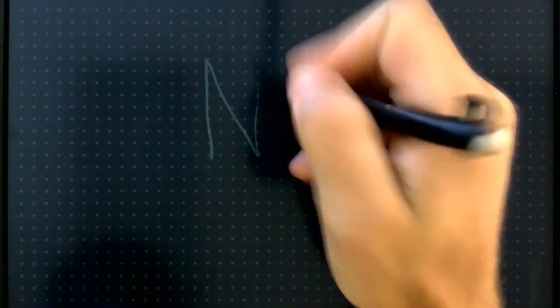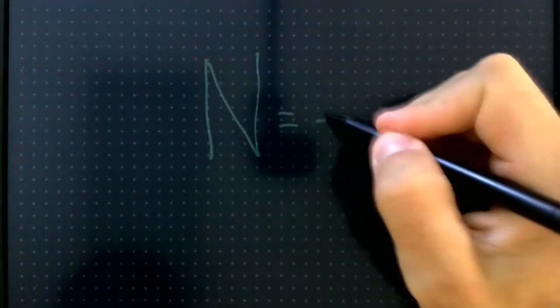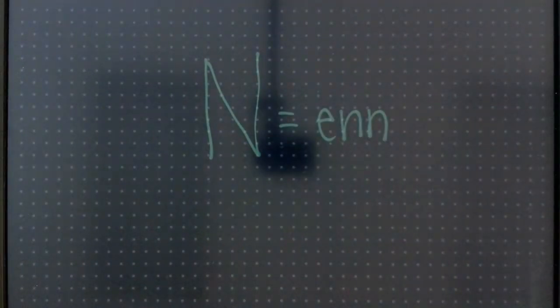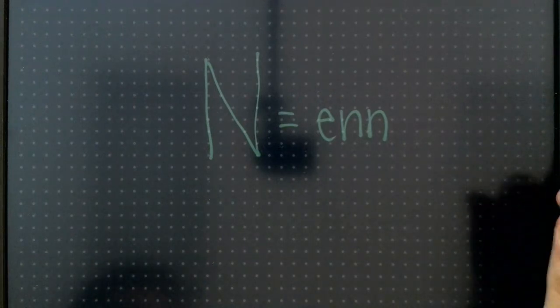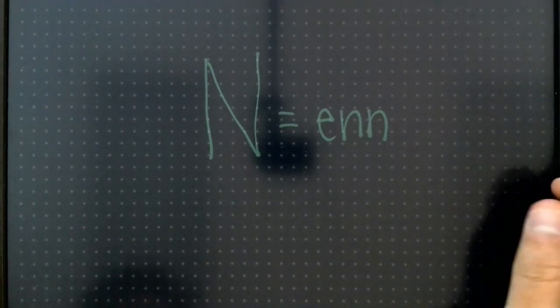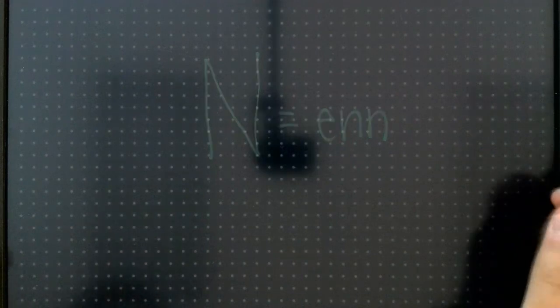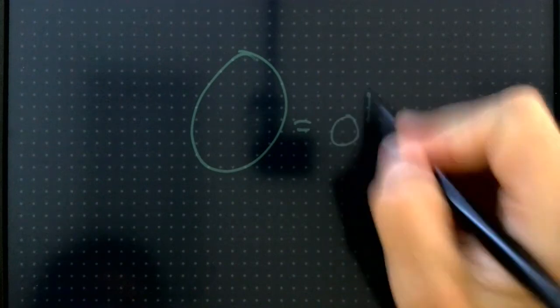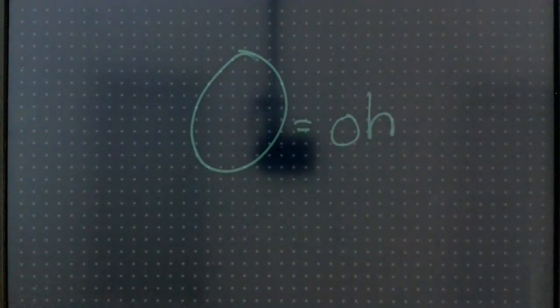The same is going to be true for the letter N. So again, N. And then we get to the letter O. And the letter O, again, is very similar to English.